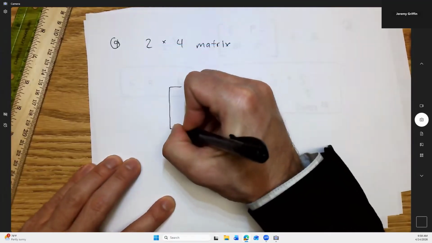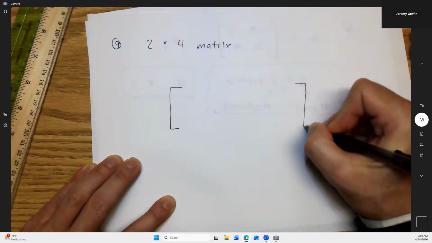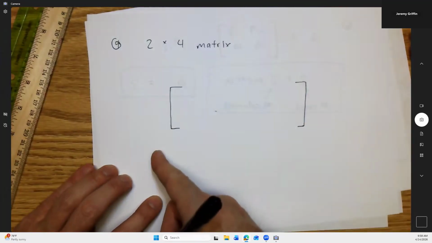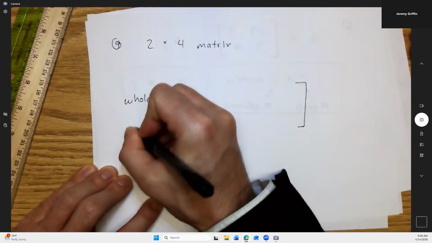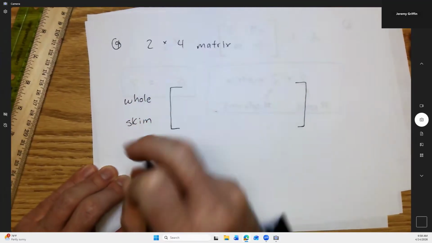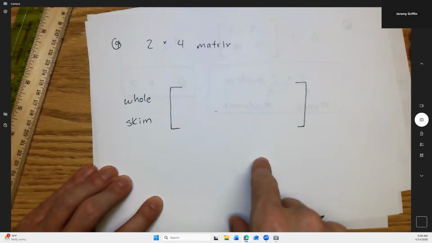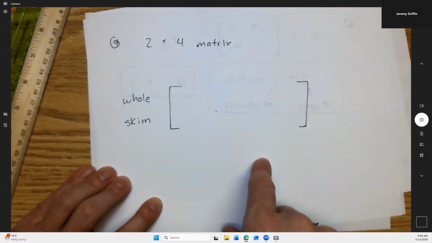So it's going to go like this. For the rows, let's go whole versus skim. And for the columns, let's do the nutrition aspects.